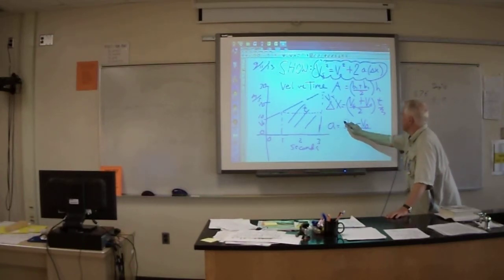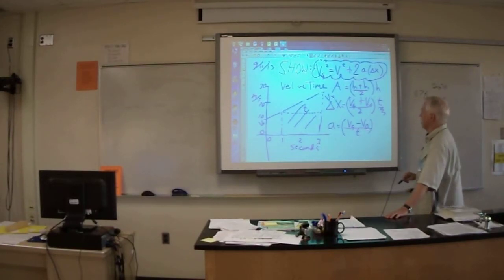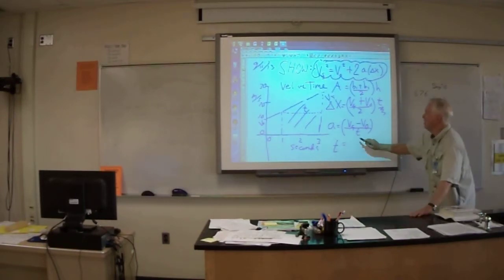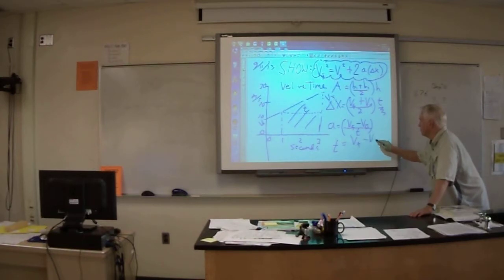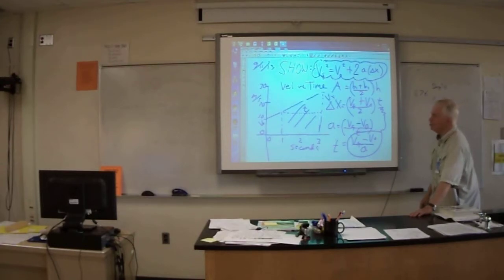I have a useful expression now. I can solve this for time. What is time? Time will be v final minus v initial over acceleration. I take this, plug it in for t back in here, I'm almost home.